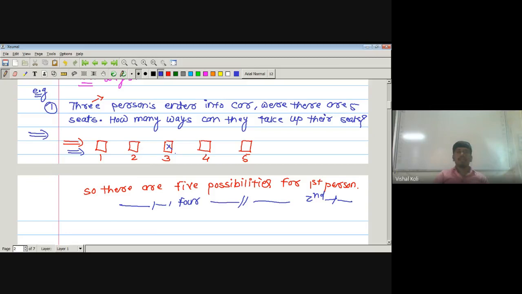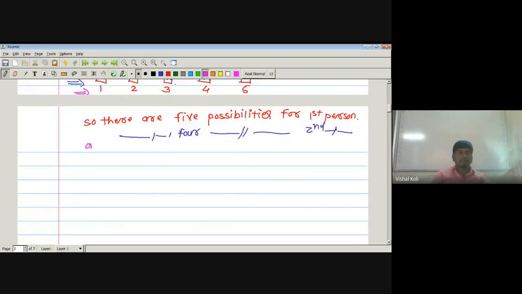Okay, now suppose the second person is seated here. Now if the third person enters the car, then the third person has only three possibilities, that is for this place, this, or the fifth seat. So there are three possibilities for the third person.